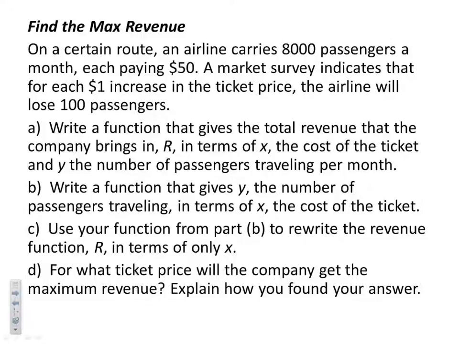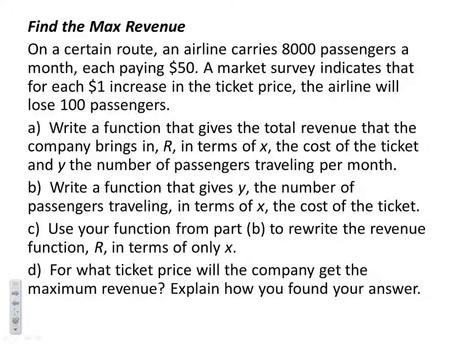And then write a function that gives Y, the number of passengers traveling, in terms of X, the cost of the tickets. Use your function from part B to rewrite the revenue function R in terms of only X. And then, for what ticket price will the company get the maximum revenue? Explain your answer.